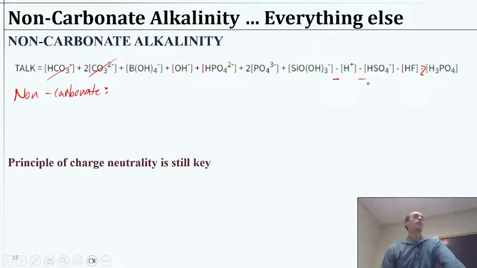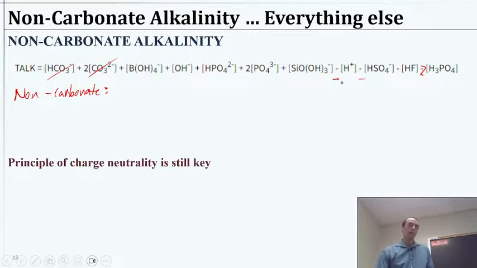If we were to use vinegar, I forgot the exact formula, but it's acetic acid. In the acetic acid form, it should probably be subtracted here as well. So anything that can add a proton to the system instead of taking it away would be subtracted.